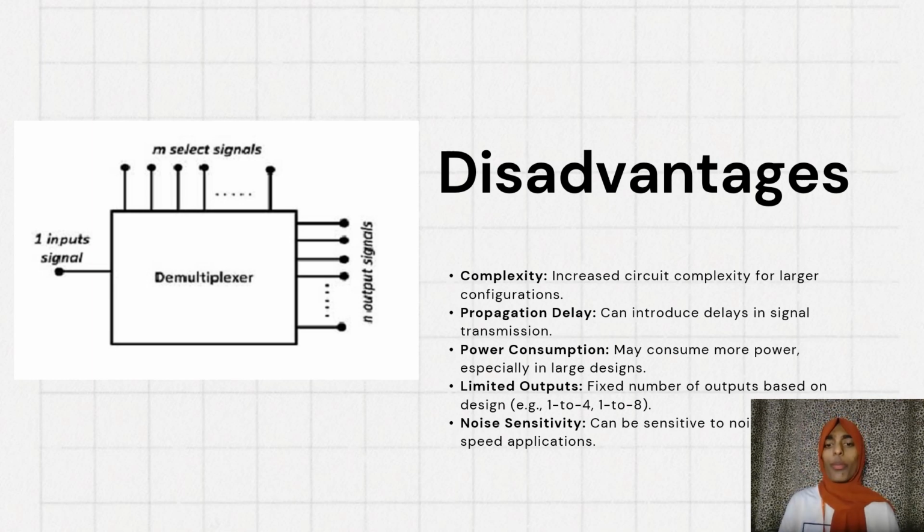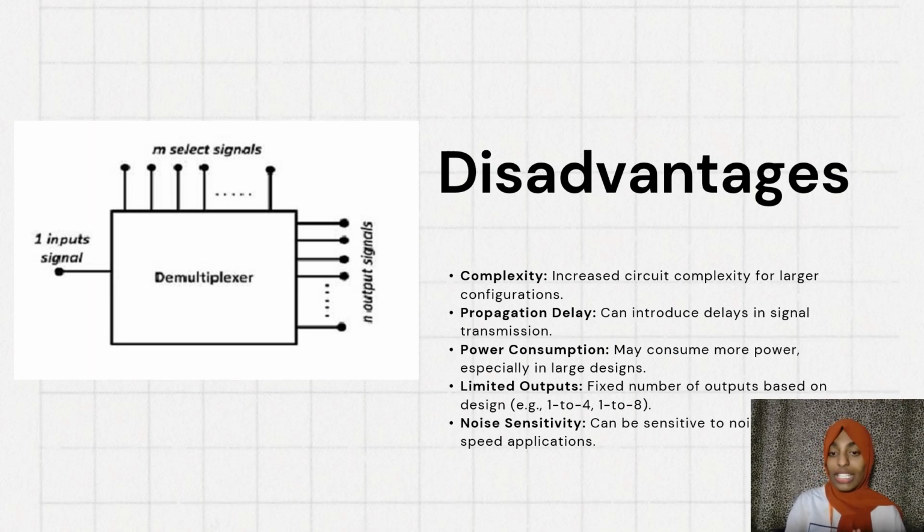And the next one is propagation delay. It can introduce delays in signal transmission, right? And the third one is power consumption. It may consume more power, especially for large designs. Yes, like designs for 1 to 8 and 1 to 16, they might consume more power. So this is one type of disadvantage we can mention. Then limited outputs: a fixed number of outputs based on the design.